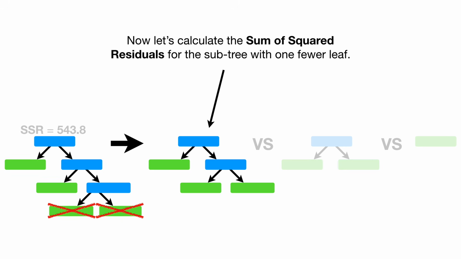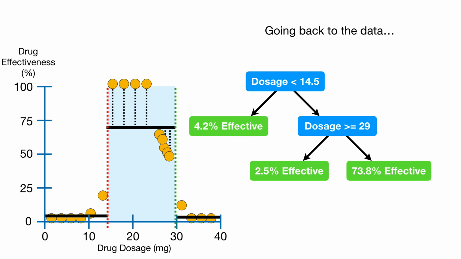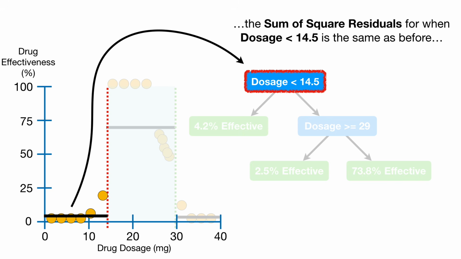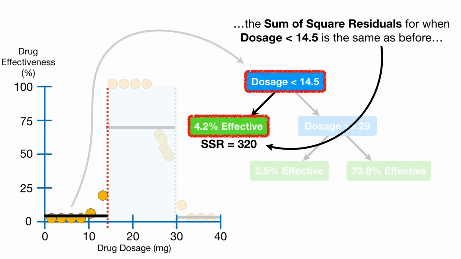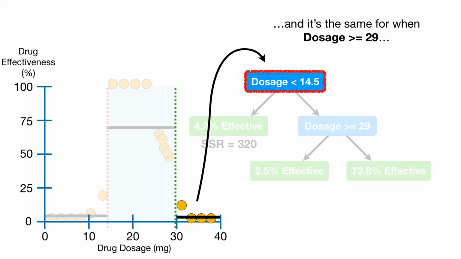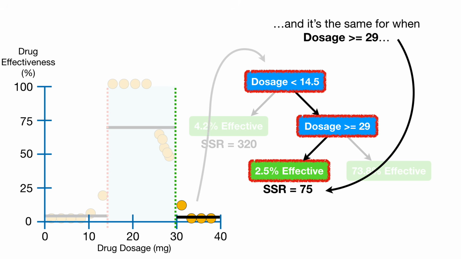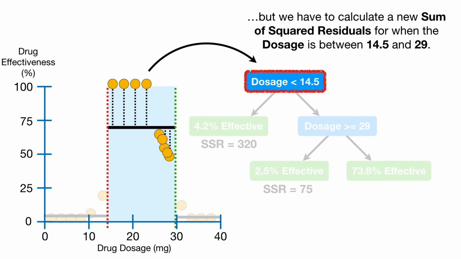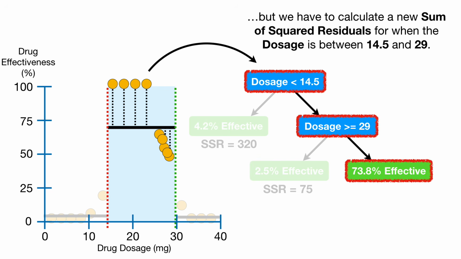Now let's calculate the sum of squared residuals for the subtree with one fewer leaf. Going back to the data, the sum of squared residuals for when dosage is less than 14.5 is the same as before. And it's the same for when dosage is greater than or equal to 29. But we have to calculate a new sum of squared residuals for when the dosage is between 14.5 and 29.